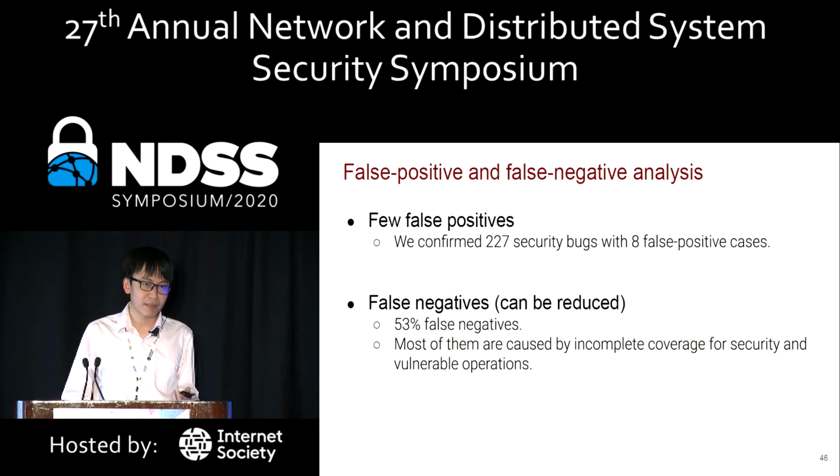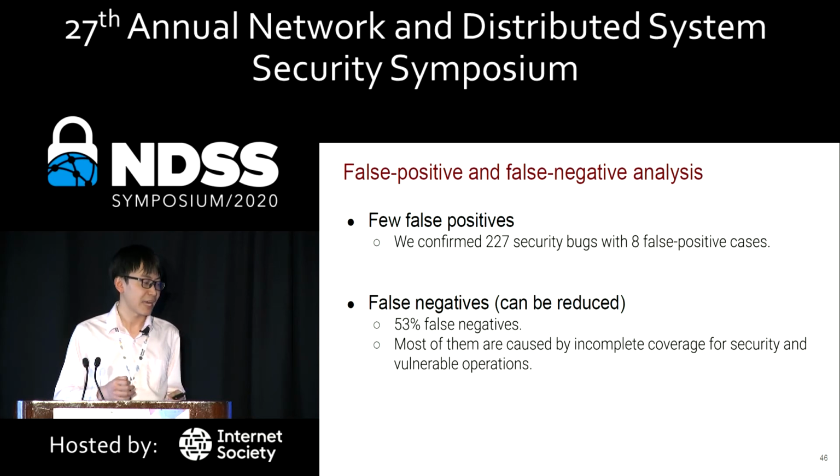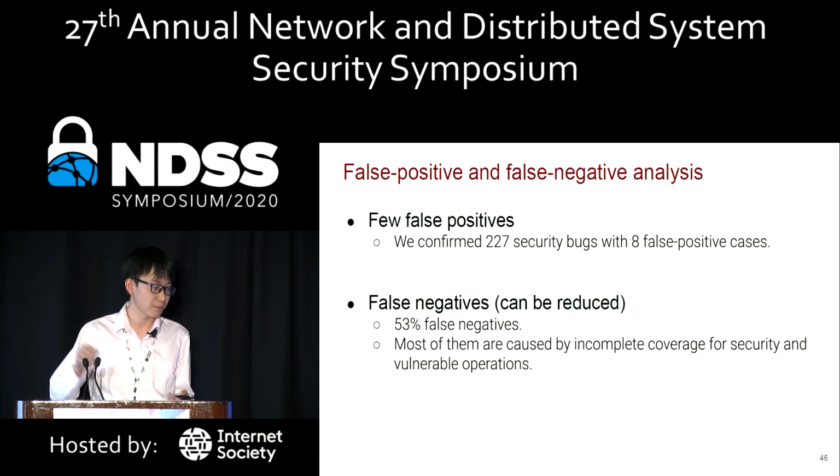Our system has a lower false positive rate, but correspondingly a pretty higher false negative rate. But most of these false negatives can be further reduced, because we manually checked them and found that most are caused by incomplete coverage of security operations or vulnerable operations.